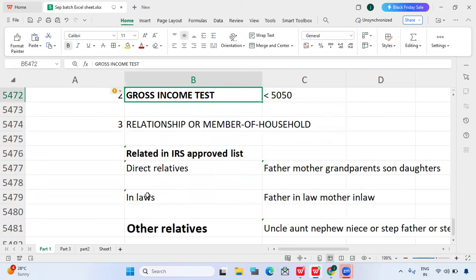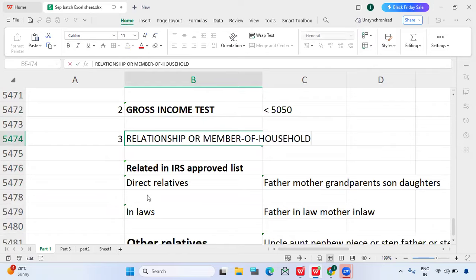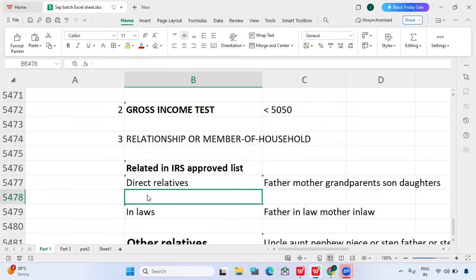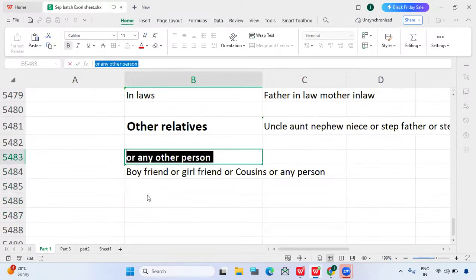So that means relationship or member of household we can classify into two: one is related in the approved IRS list, or other than these approved list. So we have two lists, right? This is clear, guys? Clear, or any questions on this? Because this is very important. Relationship or member of household: we have two, one is related in the IRS approved list, or other than these persons.